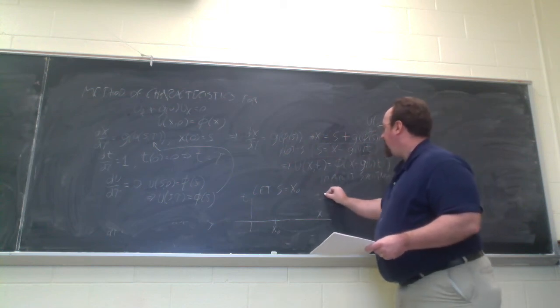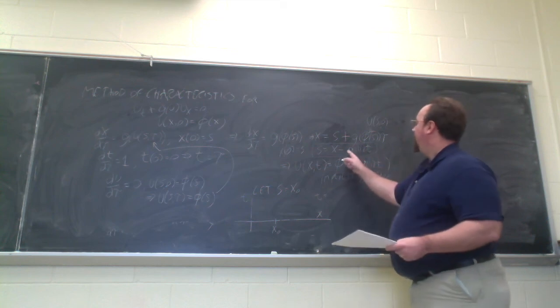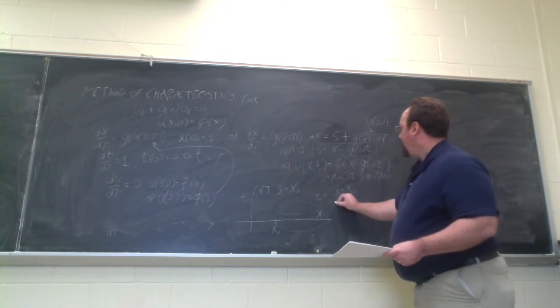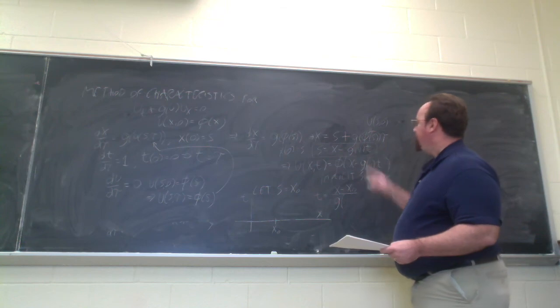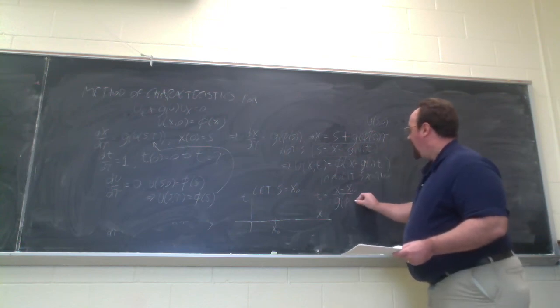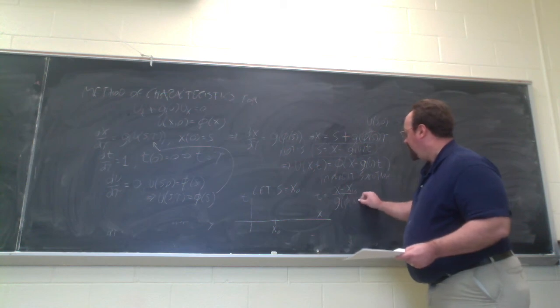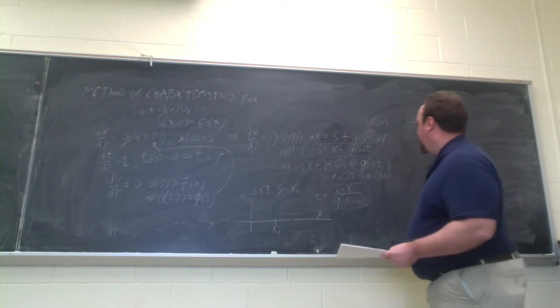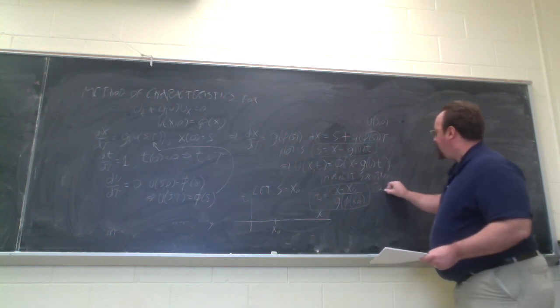I can say t is equal to x minus x naught, which is s, divided by g of u, but u is equal to phi of x naught, because that's s. So this is the equation for characteristic curves.